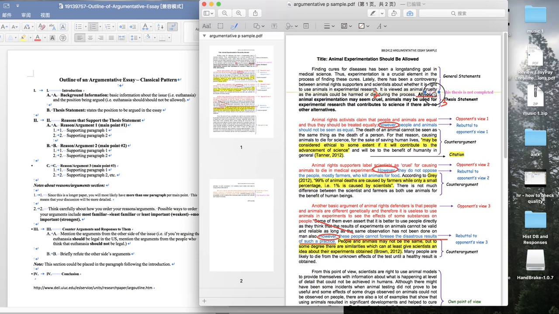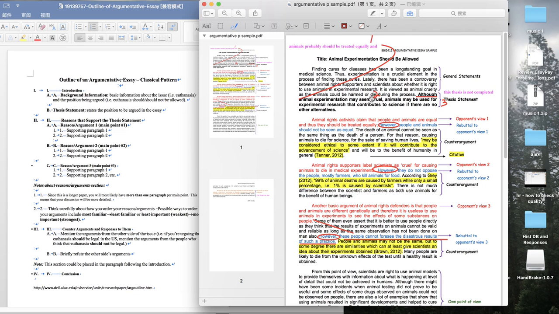Although animals may probably should be treated equally. And let me write here because no space for me. Animal experimentation may be, this is the reason 1, which is connected with the first body paragraph.